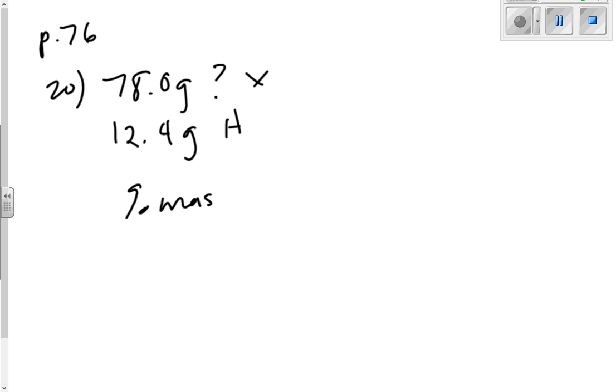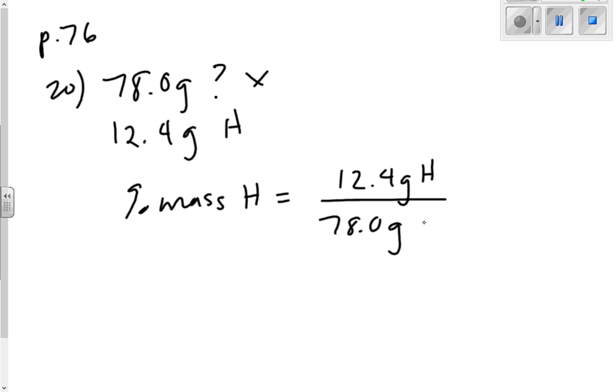So the percent mass of hydrogen is equal to the 12.4 grams of hydrogen divided by the total in the compound. I'm going to fix that. It's going to bother me. Okay. So we had 12.4 grams of hydrogen divided by 78 grams of your compound X, we'll say, times 100.